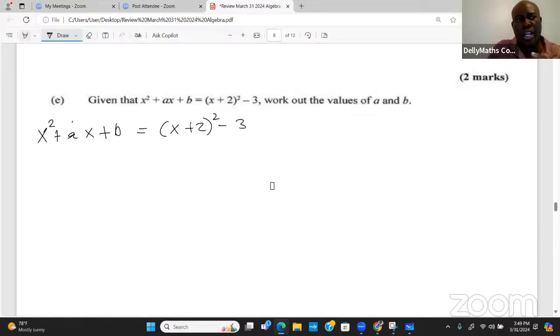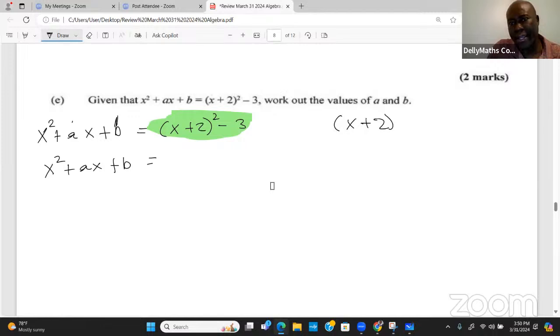I'm going to focus on the right side, so allow me to break this up, and then we're going to keep carrying this all the way down each time to compare. So let us work out x plus 2 squared. I'm going to work it out at this side. What it really means is x plus 2 times x plus 2. That's what it really means.